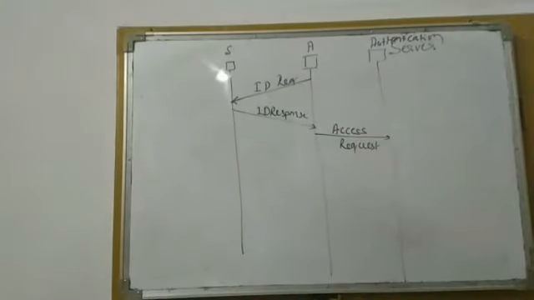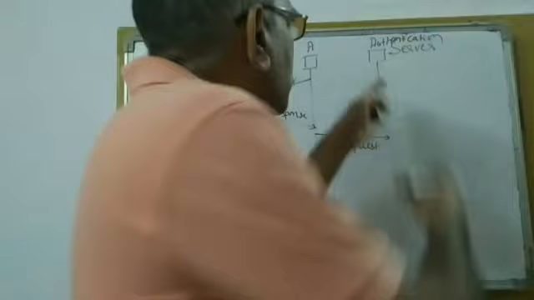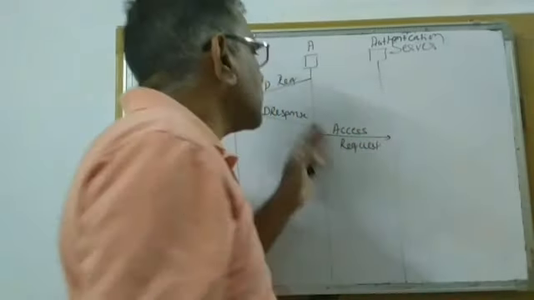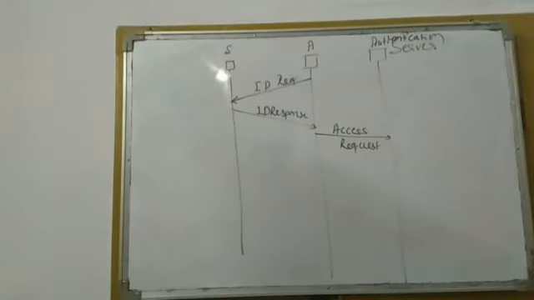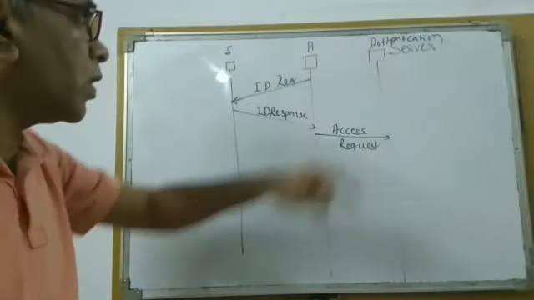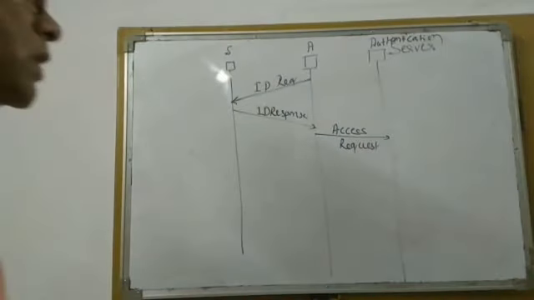I am assuming this authentication server is a RADIUS server. With that assumption, it's a RADIUS access request, or otherwise simply an access request, that is forwarded by the AP to the authentication server.